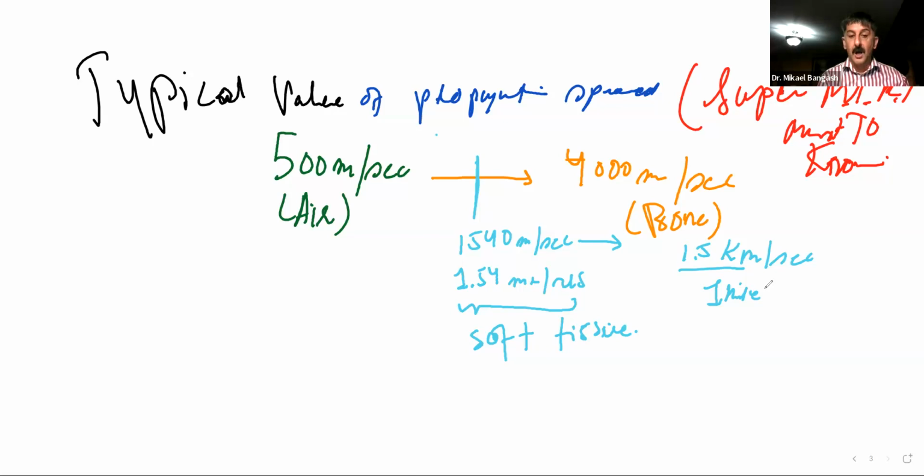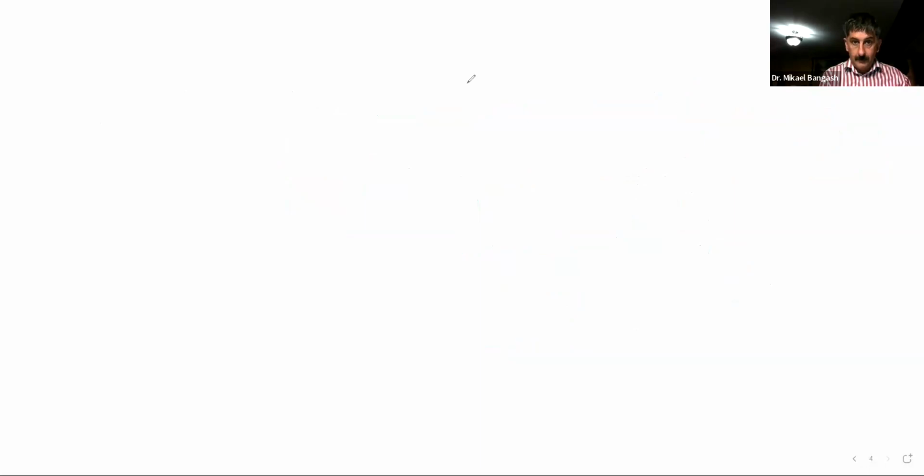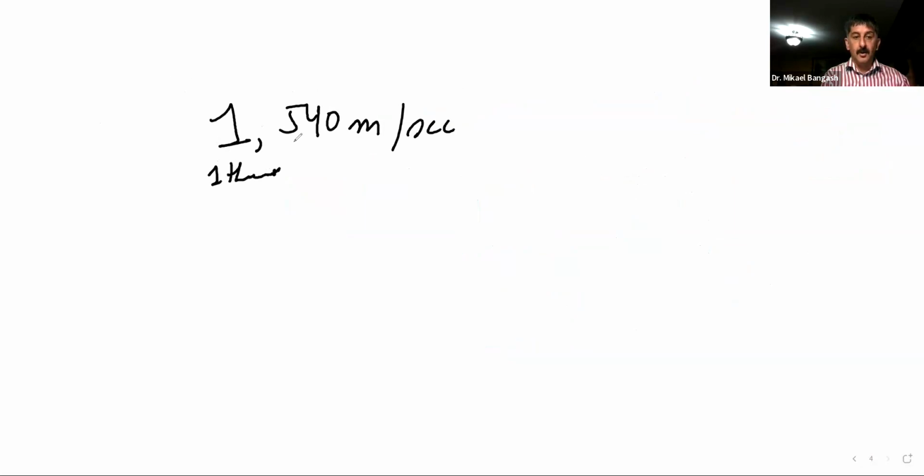And girls, please be watchful. It is 1,540 meters per second, and the reason they put a comma here is that this is 1,000, then you go 540, and the unit is meters per second.